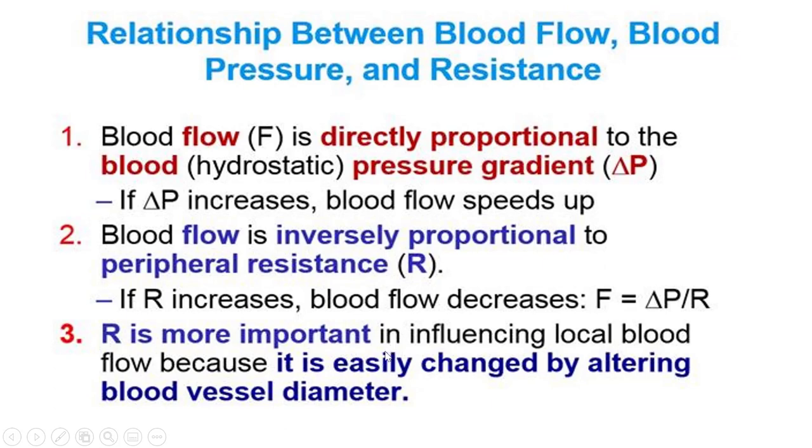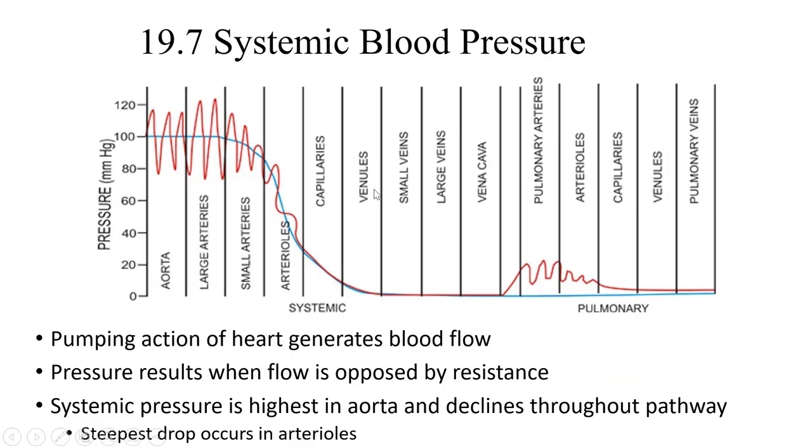Okay? Now, resistance is more important in influencing local blood flow because it is easily changed by altering the blood vessel diameter. And the blood vessel diameter could easily be changed by the effects of hormones, by our emotions and our daily activities.